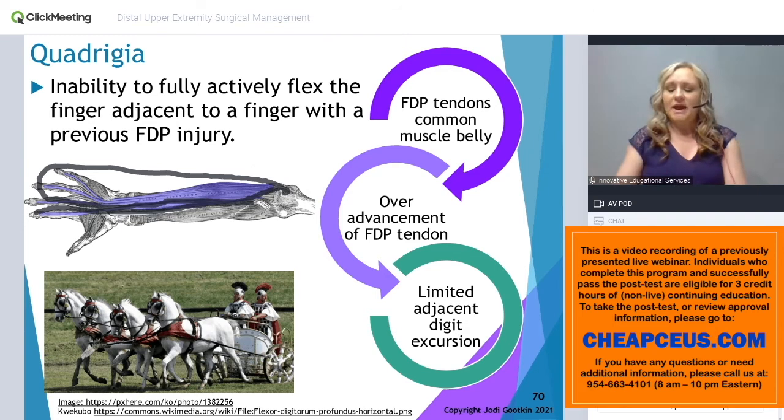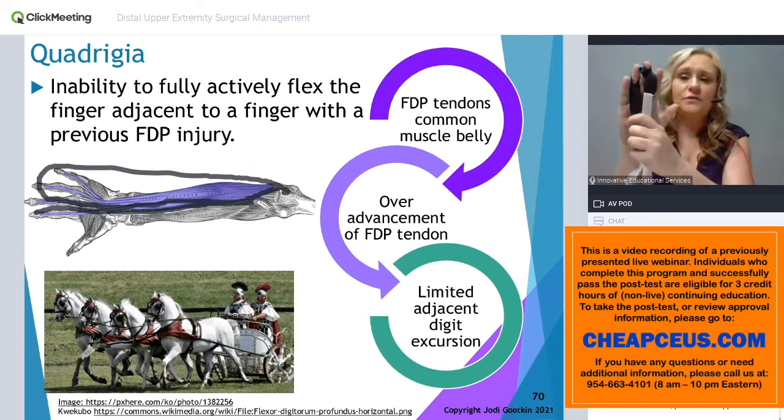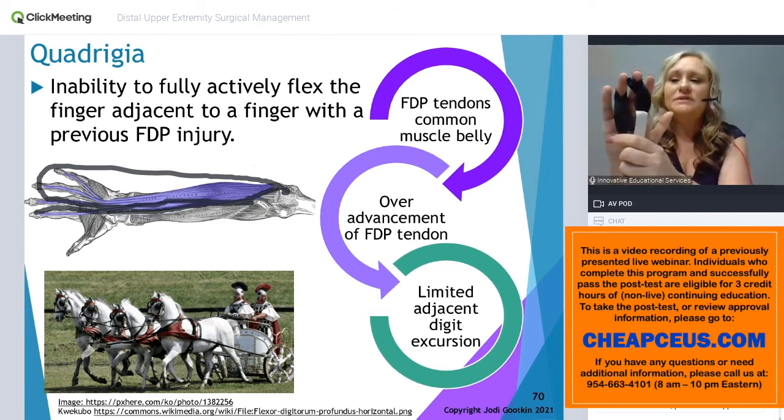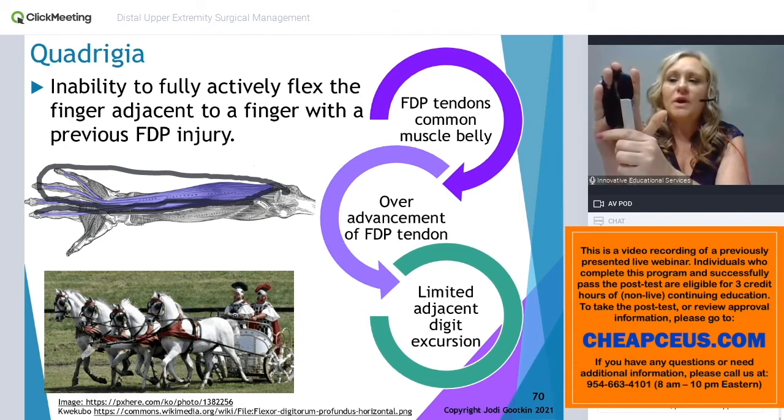When someone has a flexor tendon repair, if the tendon is tightened down too much, so if it is over-shortened, so for example, we're going to look here, the black represents the tendon portion of my ring finger, and the black and white is the tendon portion of my middle finger.